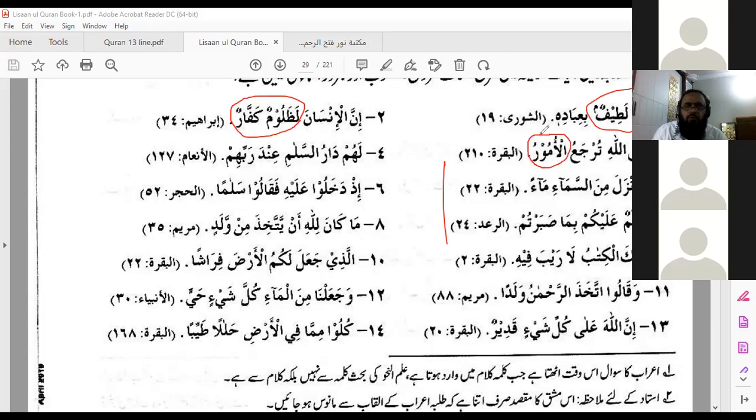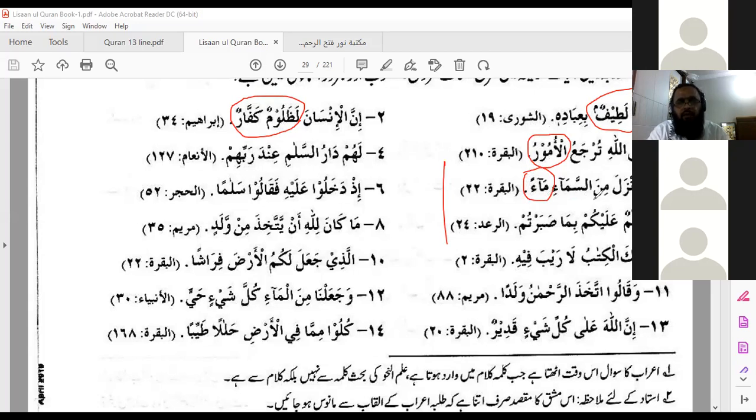When we talk about nasab, the identification mark of nasab is either fatha or fathatain. When there is fatha on any noun, we say the status of the noun is nasab, like ma'an, and that's why it's mansoob.